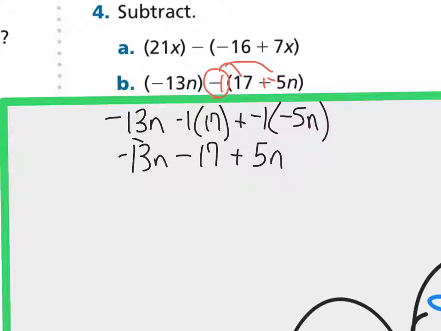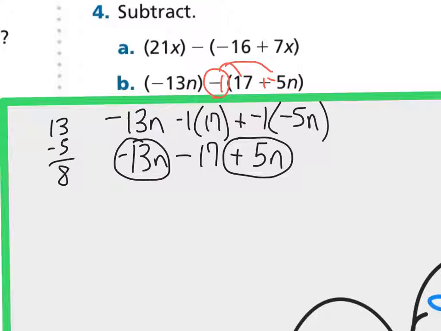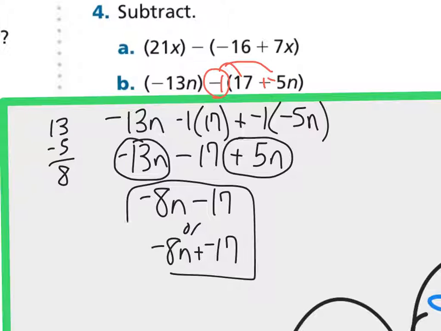At this point we're looking for like terms. We have a -13n plus 5n. Since they're opposite signs, they're working against each other. Subtracting those would be 8, and we have more that are negative, so that would be -8. So -8n minus 17, or if you had that as -8n plus -17, either of those would be correct.